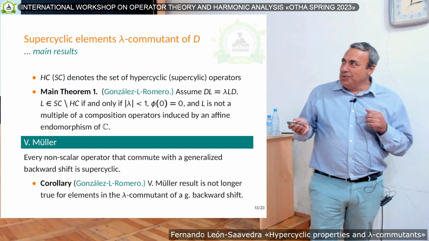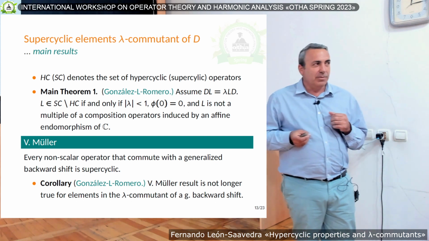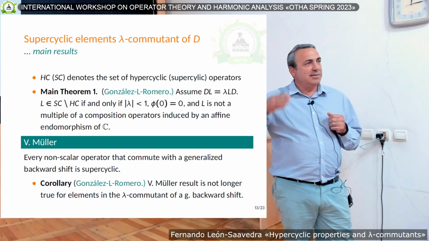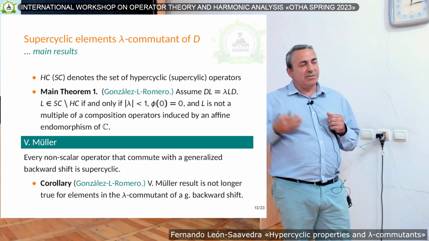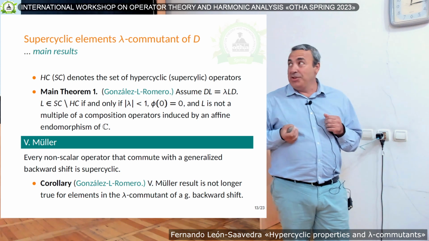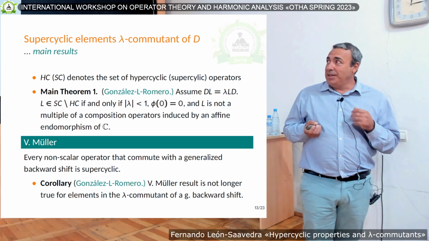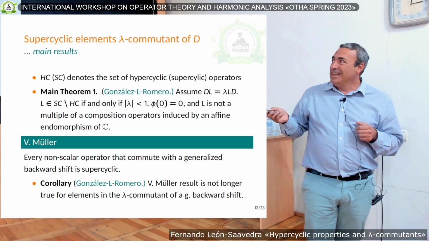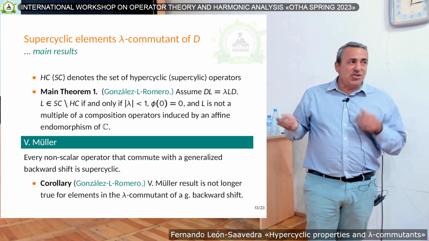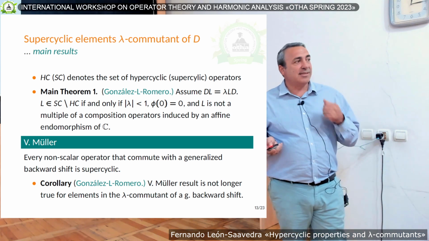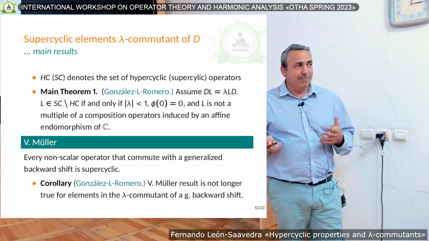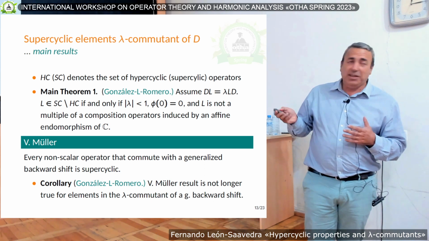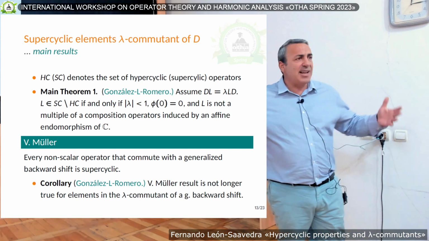Because Vladimir Müller proved a long-standing question in the theory: that every non-scalar operator, not a multiple of the identity, that commutes with a generalized backward shift is supercyclic. Of course, the differentiation operator D is a generalized backward shift.